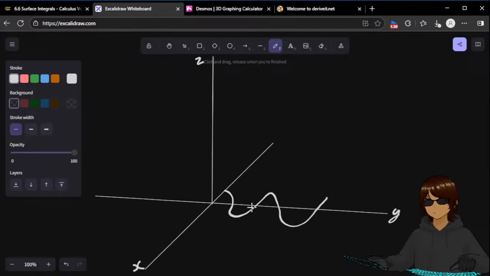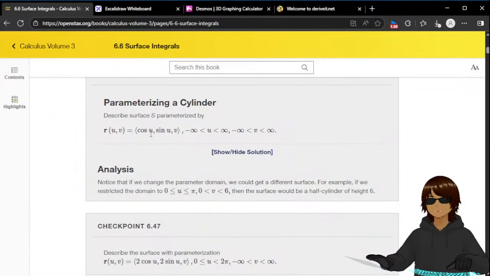Yeah, x goes along a cos curve. This is the xy plane. No, I'm getting this wrong. cos u goes from infinity to negative infinity to infinity. And u is 0.